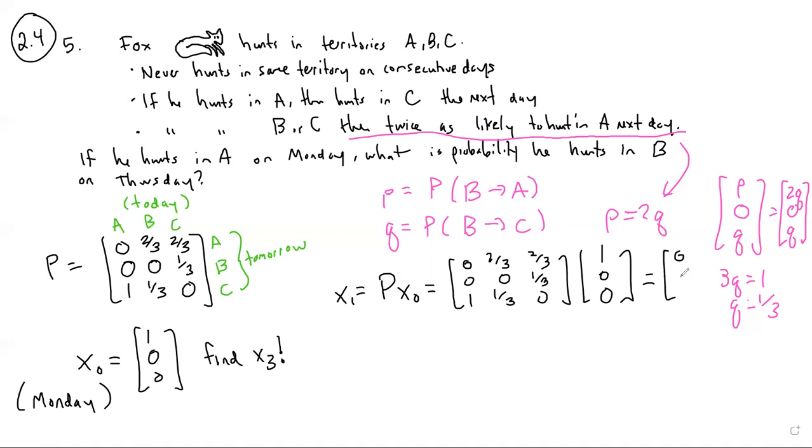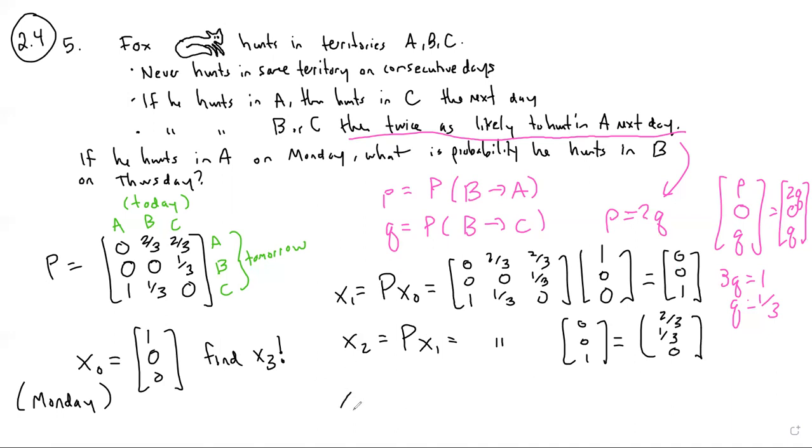I should get 0, 0, 1, because the question says if he hunts in A, then he hunts in C the next day. This vector represents 100% probability of hunting in C. Then X2 is going to be P times X1, this matrix times 0, 0, 1, and I should get 2/3, 1/3, and 0.